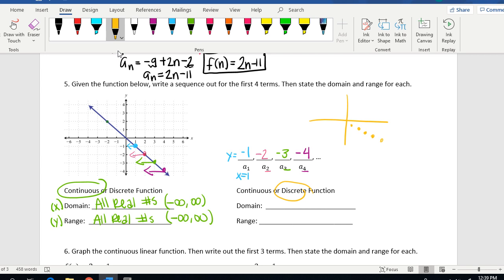I'm only looking at this coordinate point, this, and this. So my domain is my x values or my term numbers, which is 1, 2, 3, 4. If I have a dot, dot, dot up there, I'm going to do a dot, dot, dot down here. My range is actually my terms. So this is going to be -1, -2, -3, -4, dot, dot, dot.